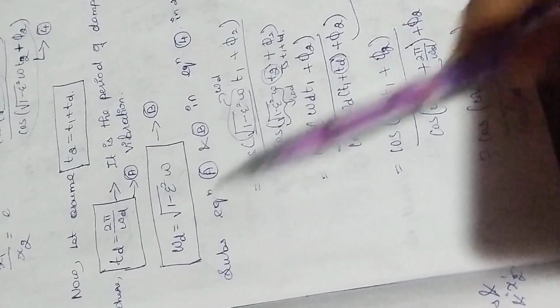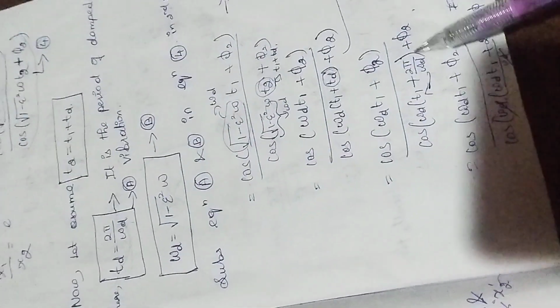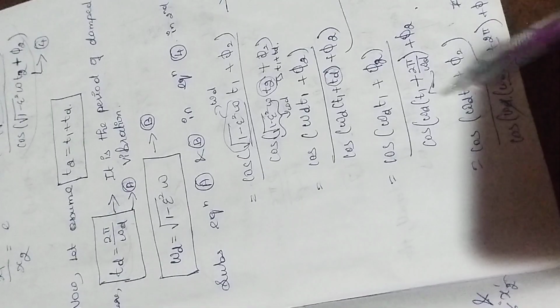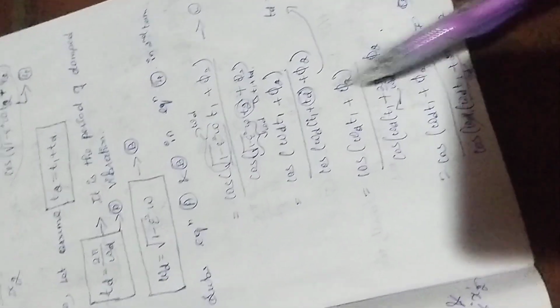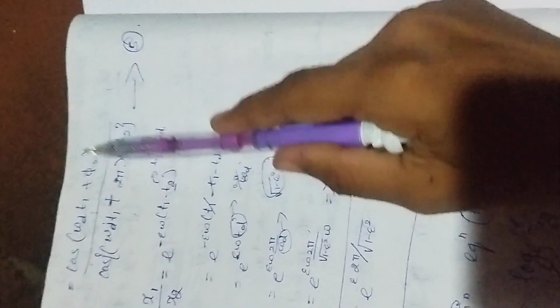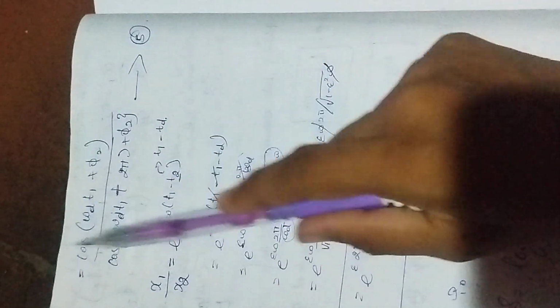For td we already have a formula, so we substitute, cross multiply and cancel. Omega d will get cancelled. Afterwards we will get one equation like this.